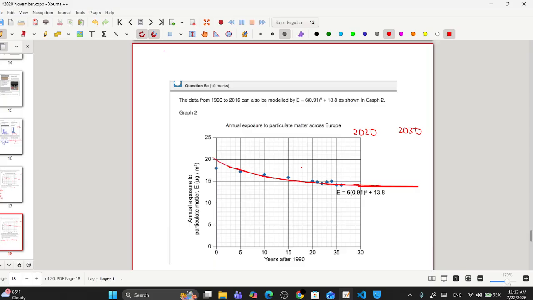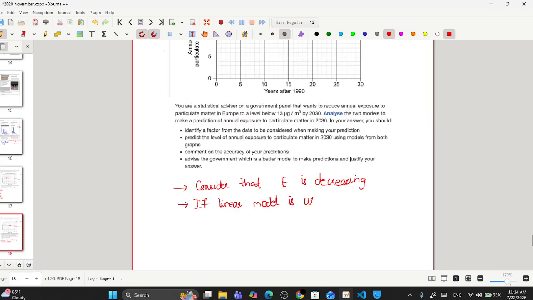So, I can say if the linear model is used, E is going to decrease substantially, but if the exponential model is used, E remains stagnant. Does this make sense? Okay, great.